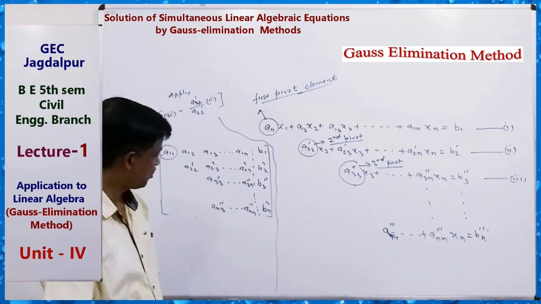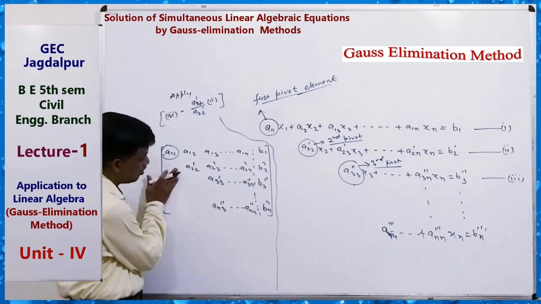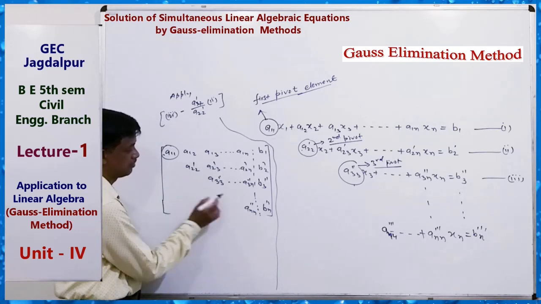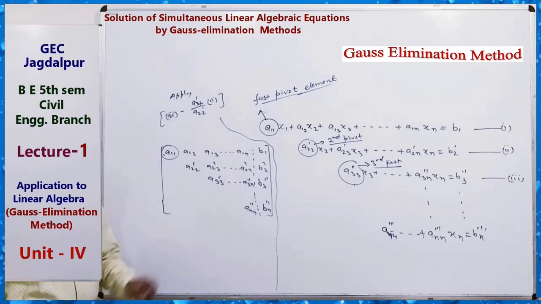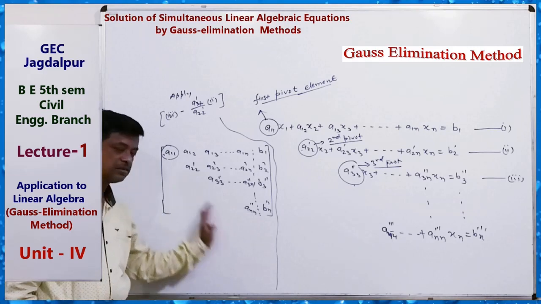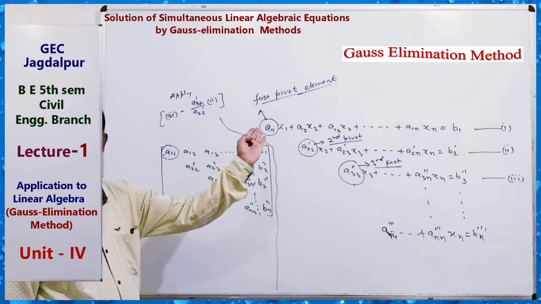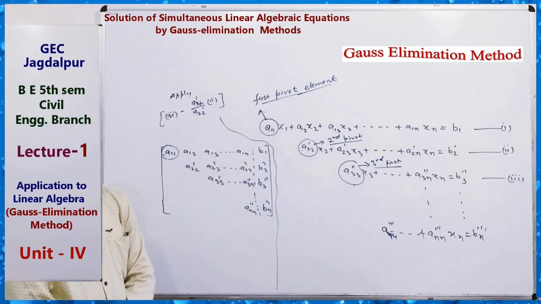Doing this process, all the lower triangular elements are eliminated. This is the upper triangular matrix.